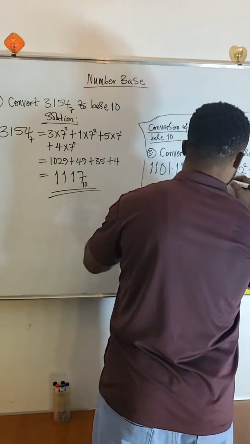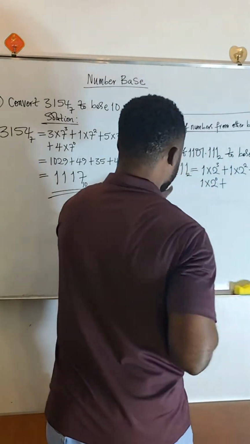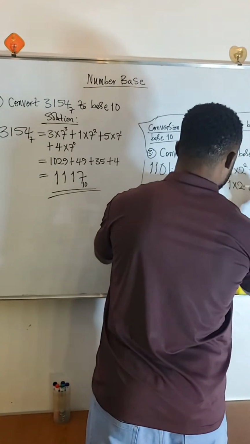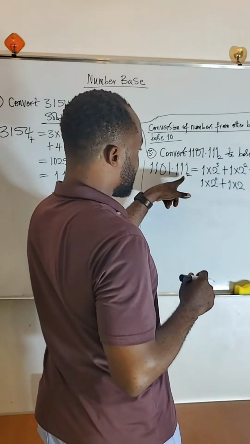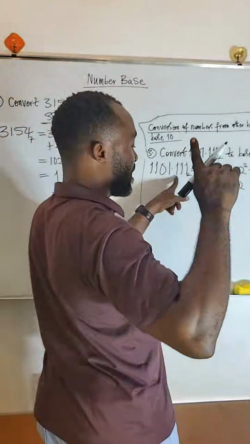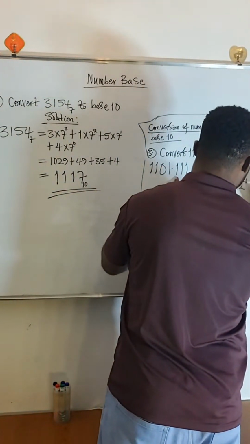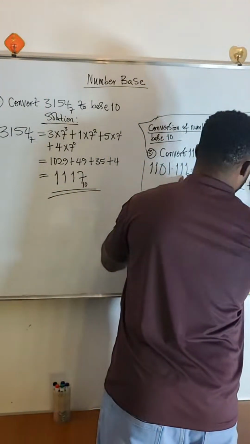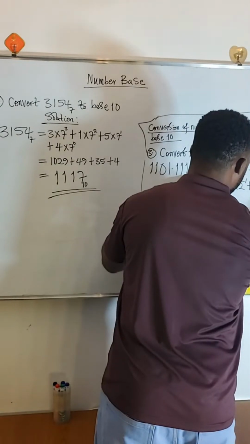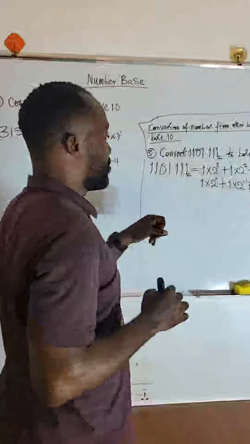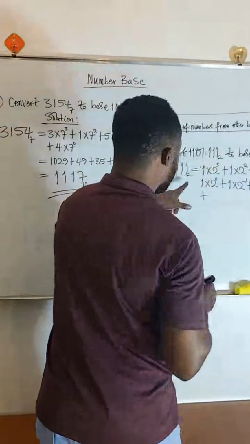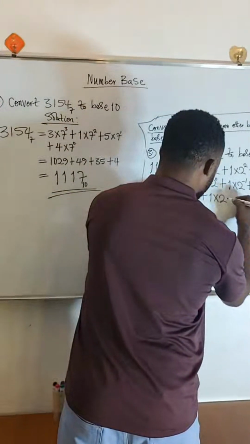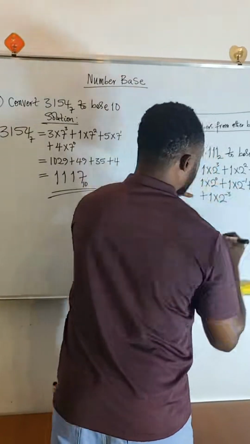And then plus the fractional parts: 1 times the base, which is 2, raised to the power of minus 1, plus the next digit, which is 1 also, 1 times 2 raised to the power of minus 2, plus the last digit, which is 1, 1 times the base raised to the power of minus 3.